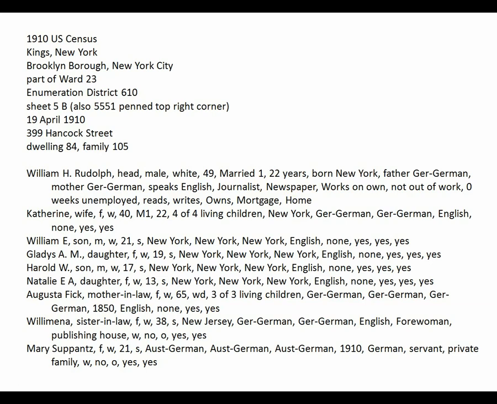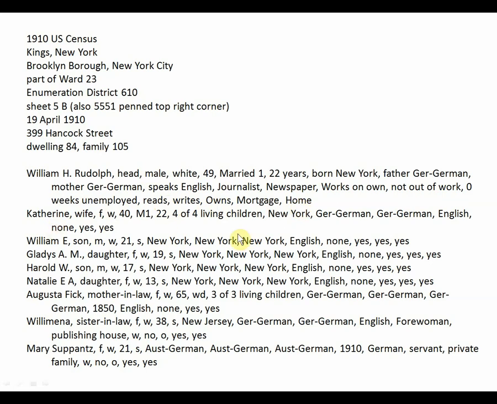That is one of the columns in the 1910 census. Where he was born, where his father was born, and their native language. Whether he speaks English, his occupation, place of work. It says he works on his own, so he was a freelance journalist. He was not out of work. He was not unemployed in the previous year. He reads, writes, owns his own home, has a mortgage, and it is a home and not a farm.